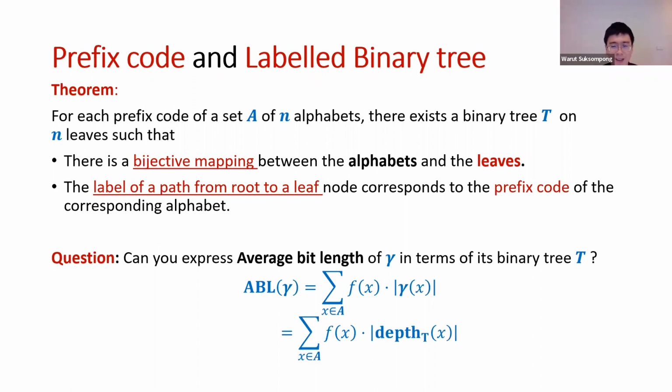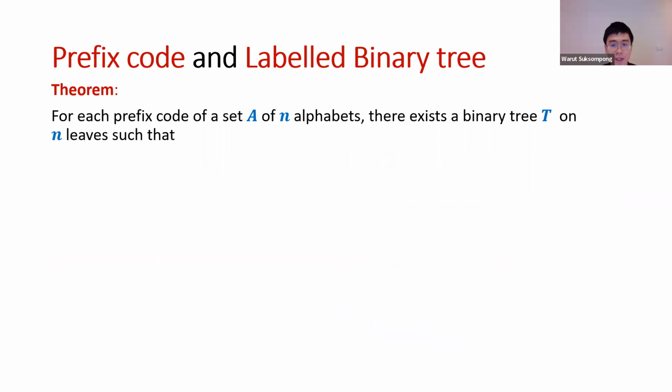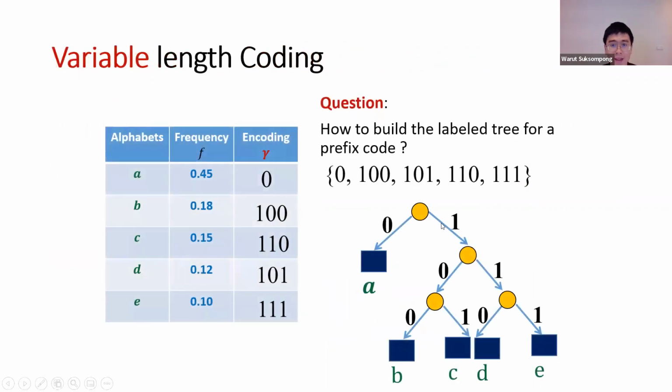So this has a direct correspondence to the tree, because the number of bits you use to encode each letter is just the depth of how deep you have to go down the tree to reach the leaf node that corresponds to that letter. So like in the previous slide, for A, that's depth 1, so you use 1 bit, and for each of B, C, D, and E, that's depth 3, so you use 3 bits for each of them.